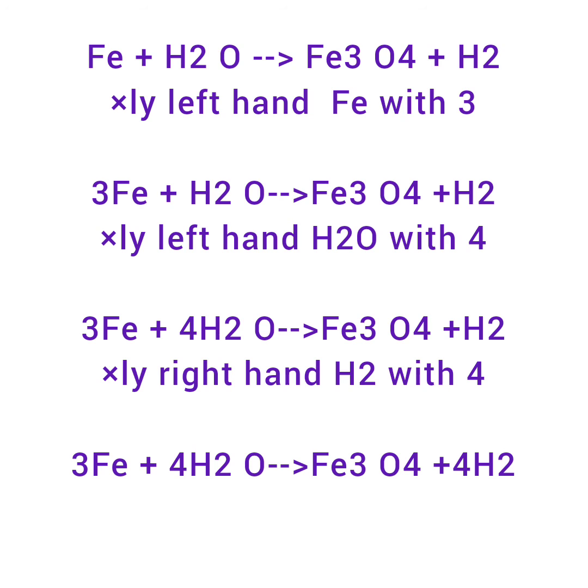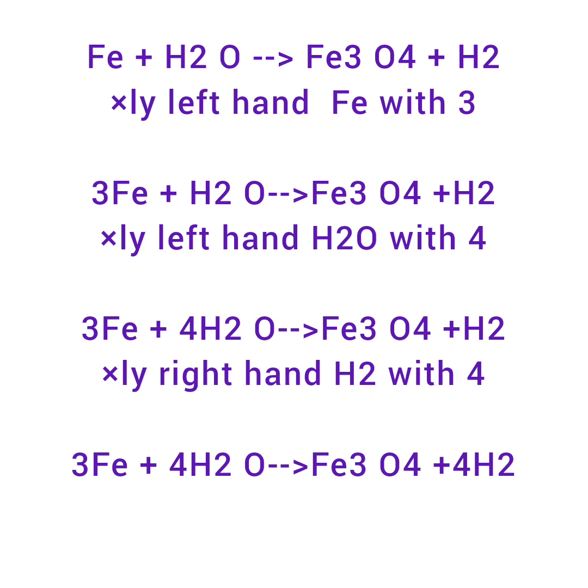If you look at this equation, we can see that the number of atoms of each element are equal on either side. The number of atoms of iron on the left hand side are 3. Similarly, the number of atoms of iron on the right hand side are also 3. The number of atoms of hydrogen on the left hand side are 8, that is 4 into 2, 8.